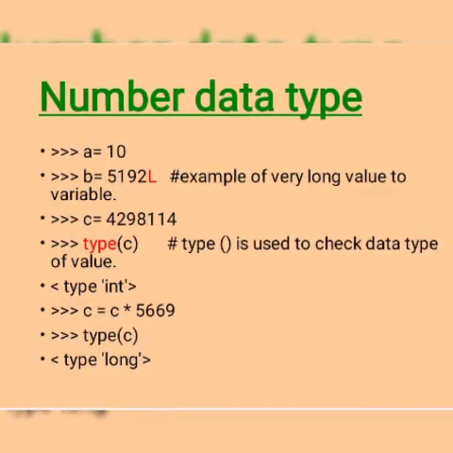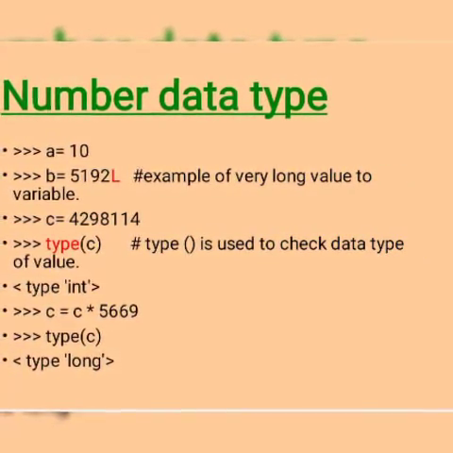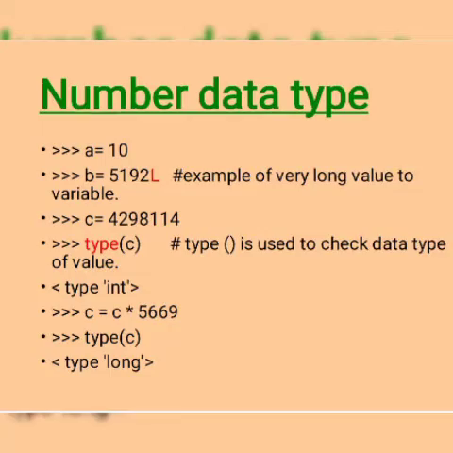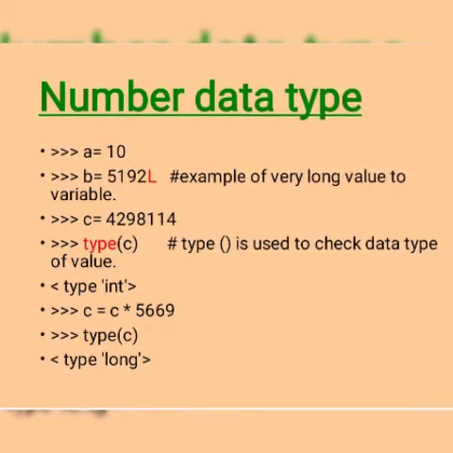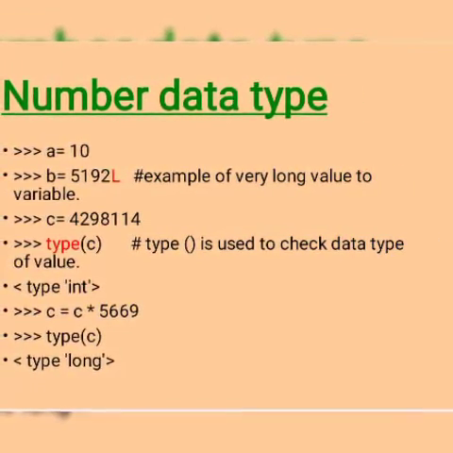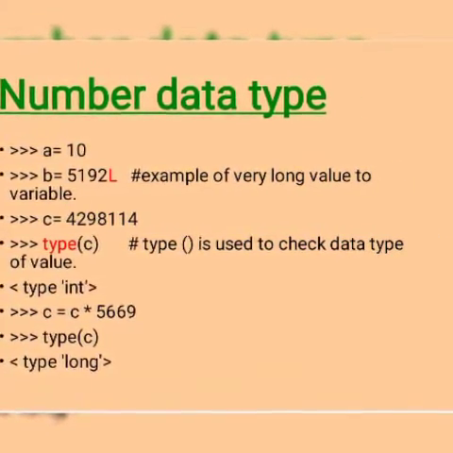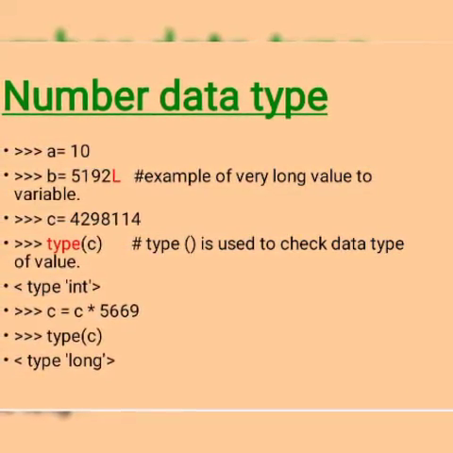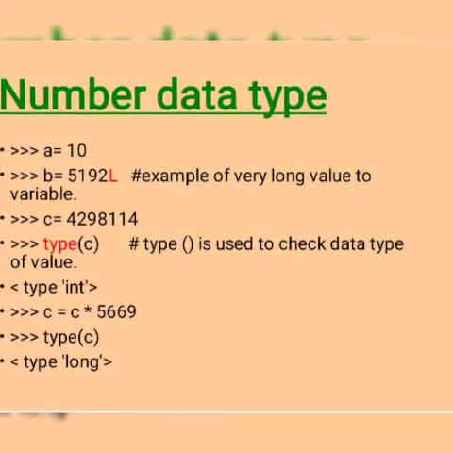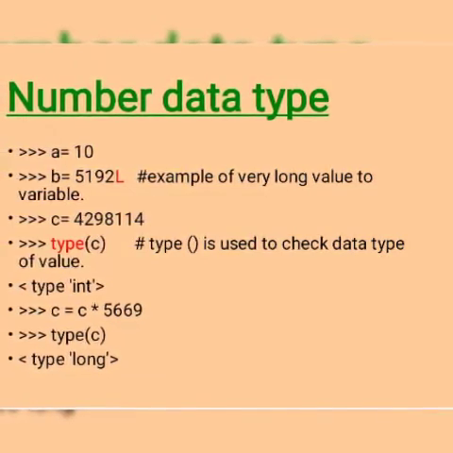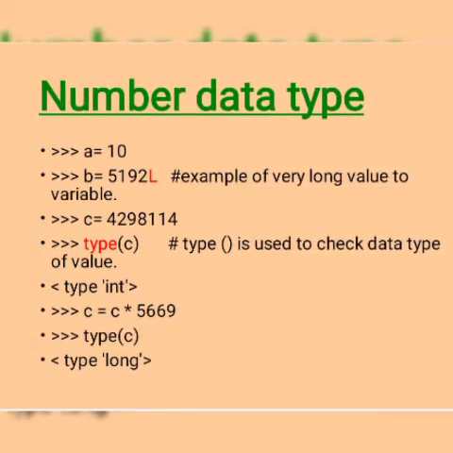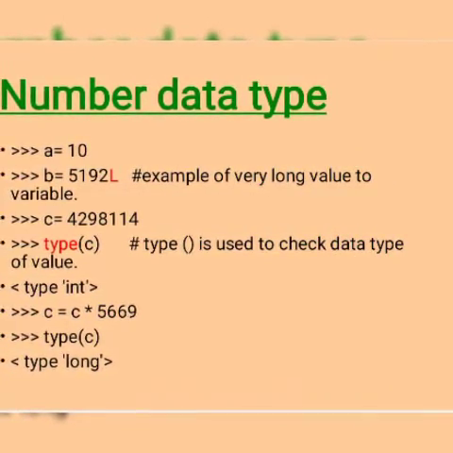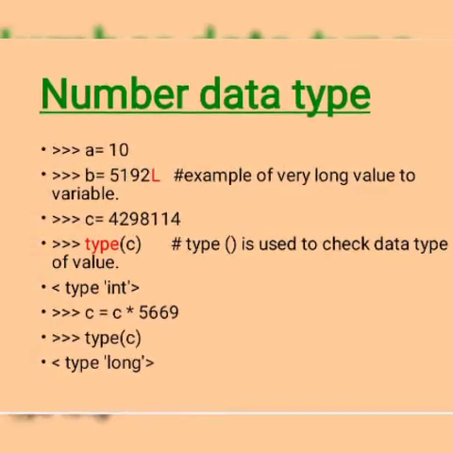I have written in the comment section that type is used to check the data type of the value. Then I have written in the angle brackets, less than sign and greater than sign, type int, that is, it is holding integer type data.